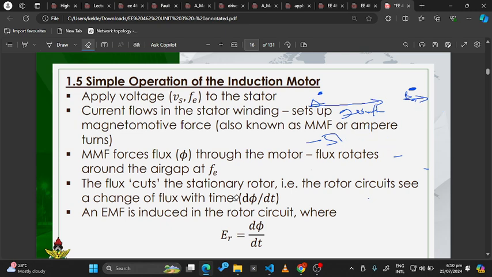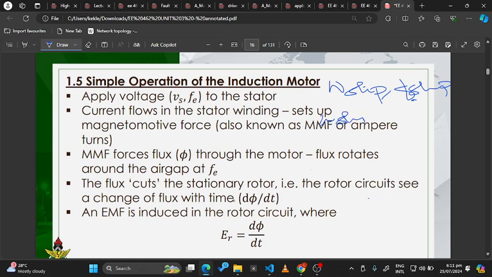That's the angular frequency the rotor sees. All the time, the rotor sees omega slip, or f slip, where omega slip is equal to omega s minus omega r, where omega s is the synchronous speed and omega r is the rotor speed.